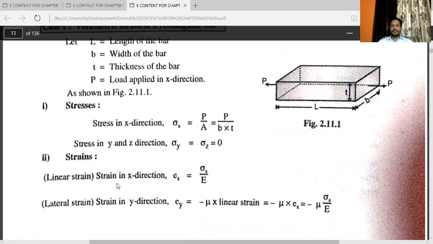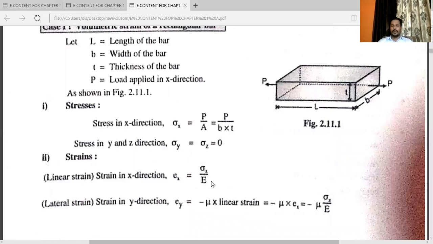And strains. Strain in x direction is equal to Ex is equal to sigma x upon E. And lateral strain, that is strain in y direction, is equal to Ey is equal to minus mu into linear strain. Means minus mu into Ex is nothing but minus mu into sigma x upon E. That is capital E. Already I explained what is linear strain, what is lateral strain, what is Poisson's ratio, that is mu.